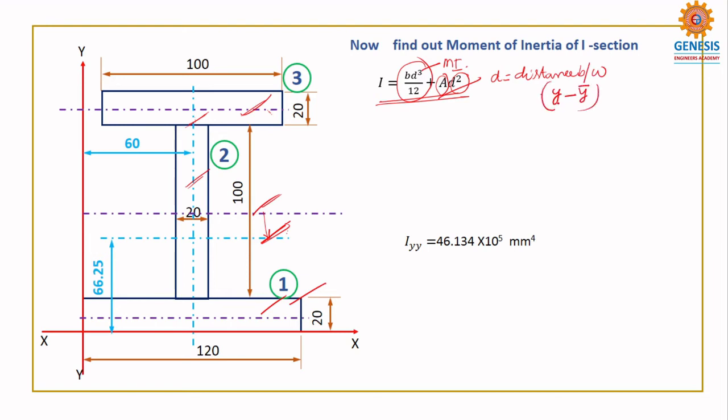That means if it is y1, it is y1, or 2, it is 2, or 3, it is 3. So it is the distance between y bar and the individual section. Like for y1, in this case it is y1 minus y bar whole square.